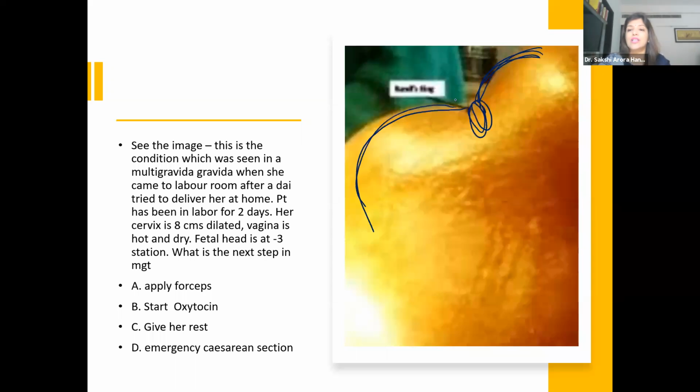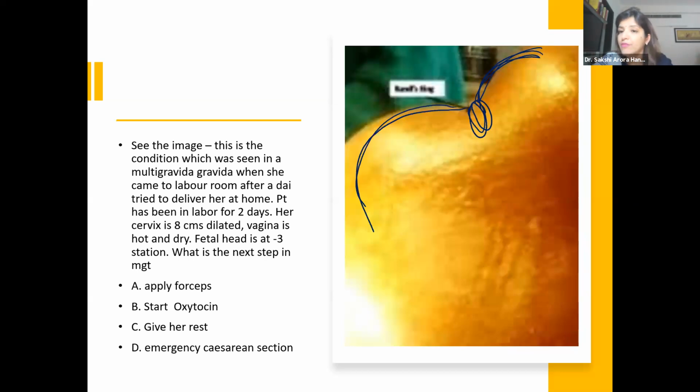Now, let me tell you the significance of this question over here, the -3 station significance. We say that the head of the baby is engaged if station is 0. What do you understand by 0 station? When head of the fetus is felt pervaginally at the level of ischial spine.